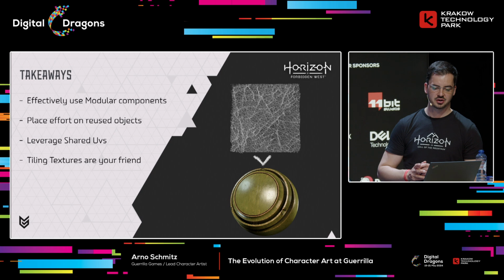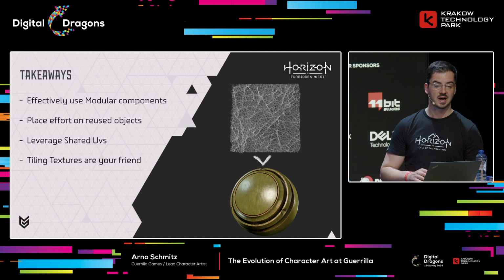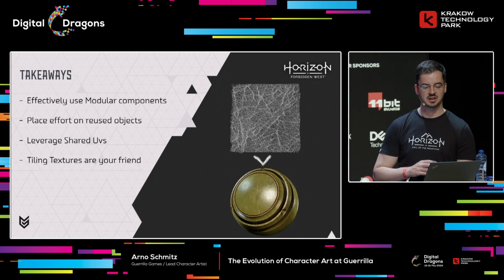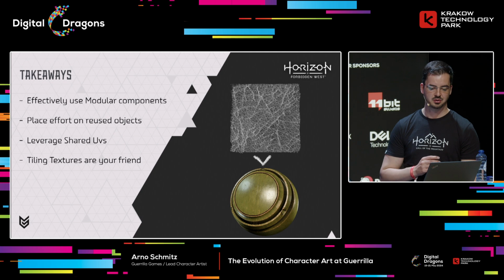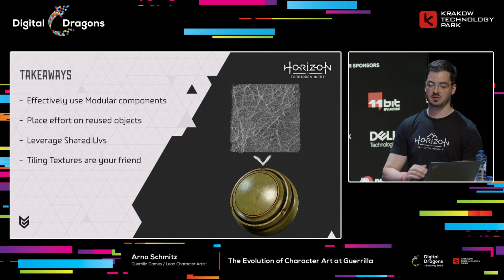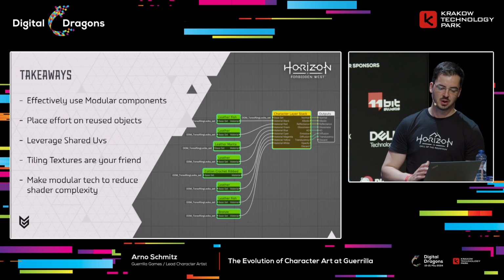And small tiling textures are your friends when it comes to creating detail up close. And during the projects, our techniques became more and more sophisticated, going from 3 detail maps with simple masking on Killzone to 8 detail maps with complicated masking in Zero Dawn, all the way to our current modern layered shader system. And we had to deal with the growing shader complexity on Horizon Zero Dawn with our Uber shader.